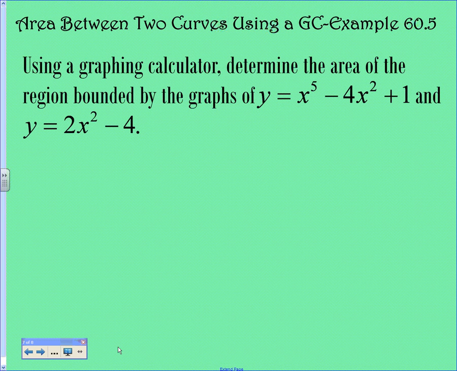You should get that number. Yeah, that's for the first area. You should get about 6.127449339.